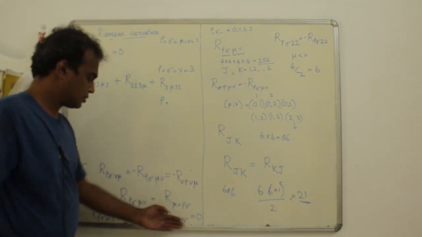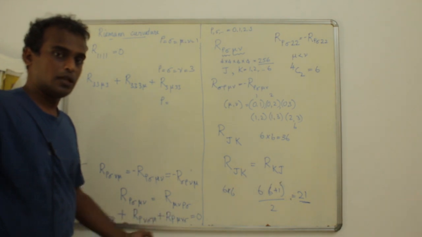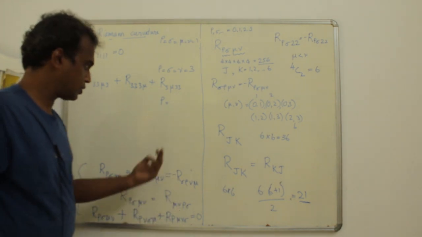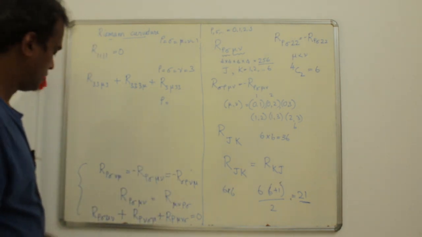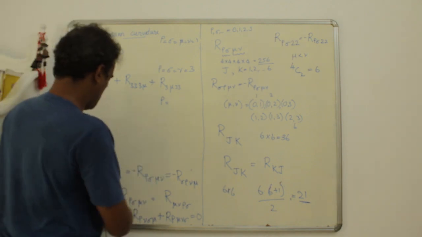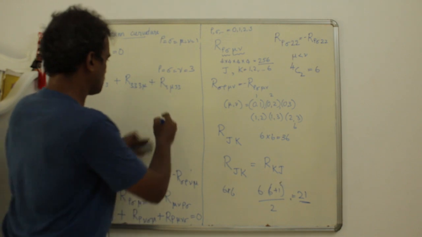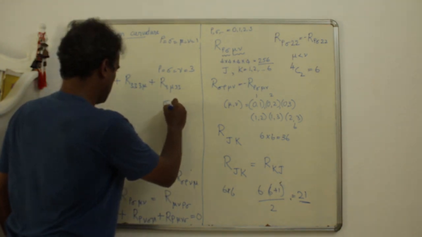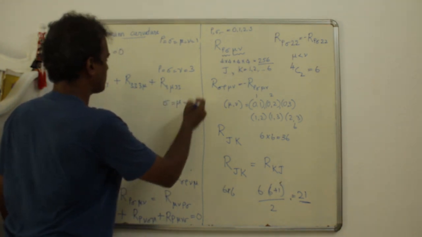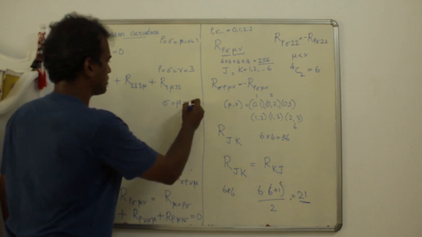I'll show you this only for one example. You can do the check for the remaining choices of indices. Let me choose the index sigma and mu to be the same and take its value to be, let us say, 2.